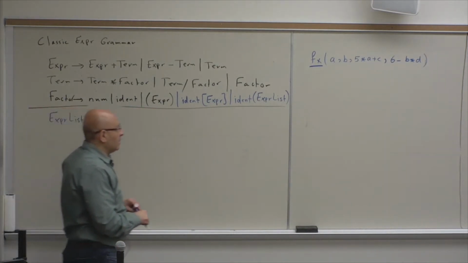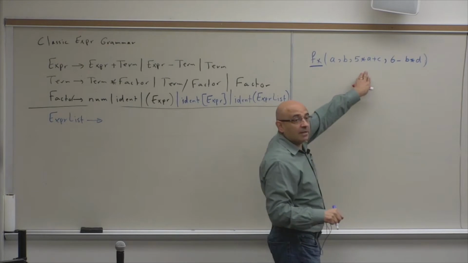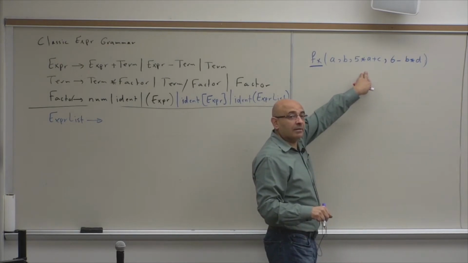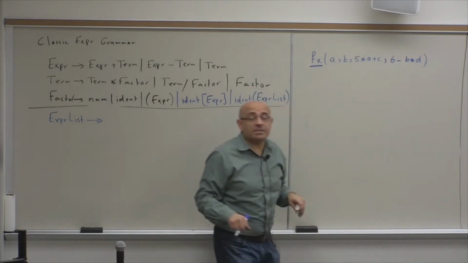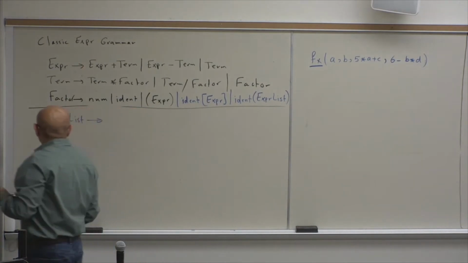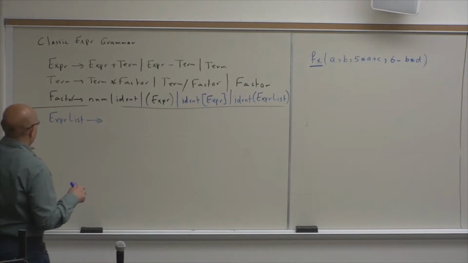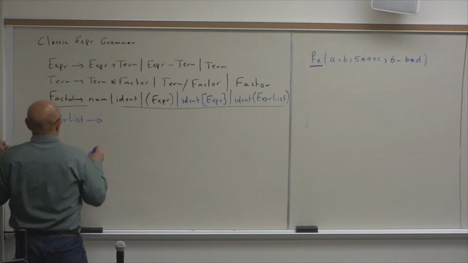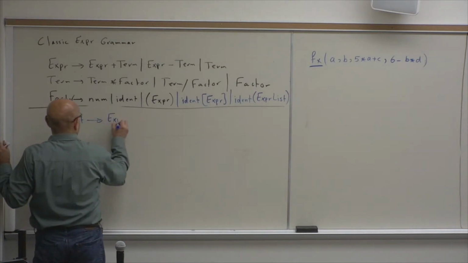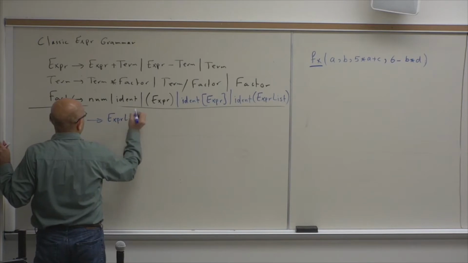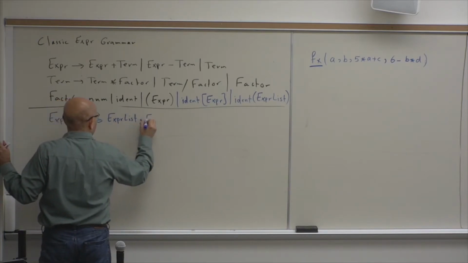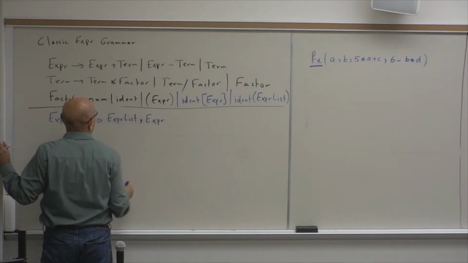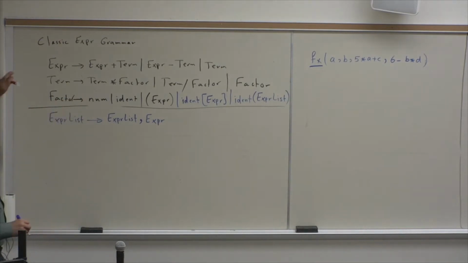Yes, recursion, exactly. So we need recursion in order to define an expression list with an unlimited number of expressions. So we can say it's expression list, comma, expression. Is this enough? What do we need for recursion?